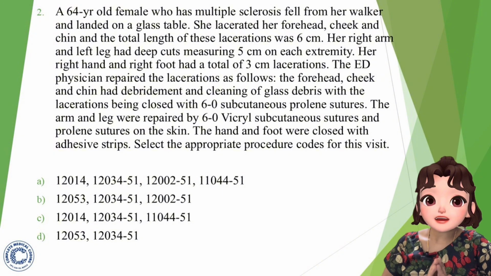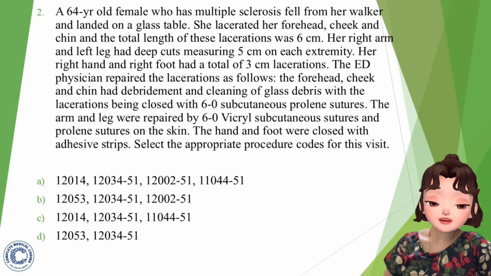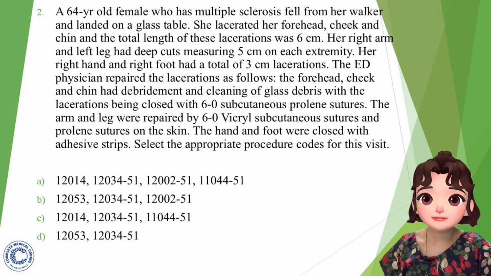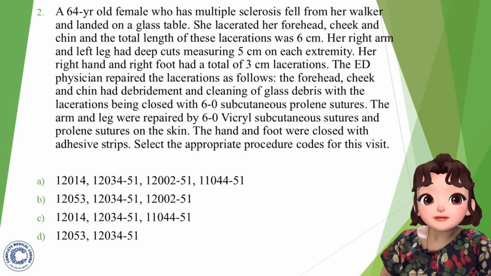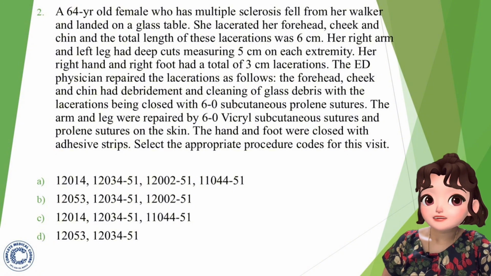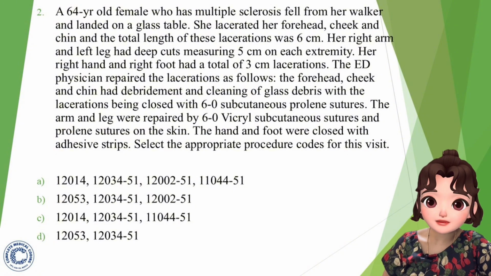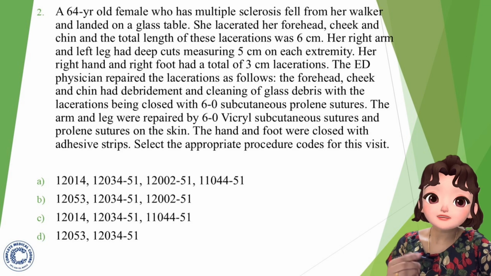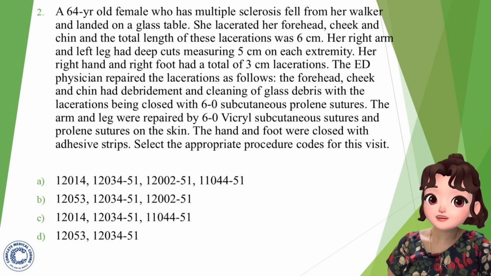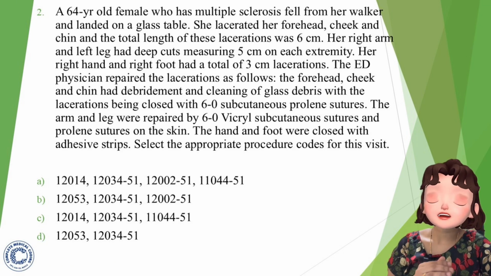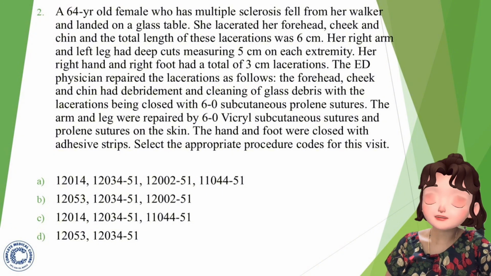So in that, another name for simple repair is layer closure. Another name for intermediate repair is layered closure. Another name for complex repair is extensive. Apart from that, if in the question it is mentioned subcutaneous sutures, subcutaneous means the suture has been done till the subcutaneous tissue, which means many layers are present, right? So that will come under intermediate repair.